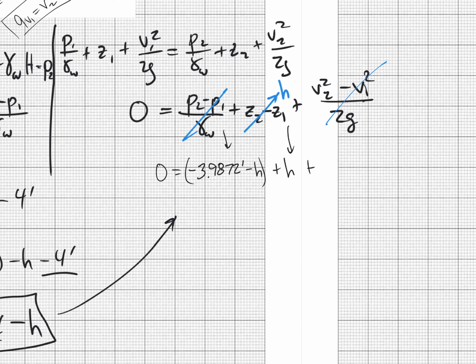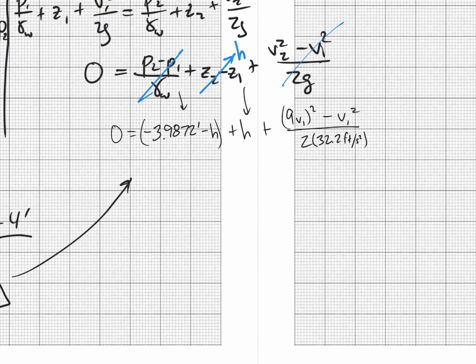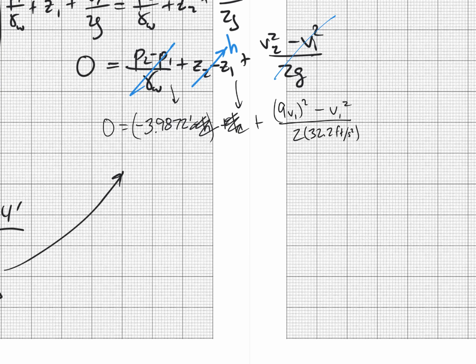Plus V2 squared, so that's 9V1 squared minus V1 squared, all over 2 times 32.2 feet per second squared. These h's are going to cancel. So 3.9872 feet equals, this becomes 81 minus 1, so 80 V1 squared.